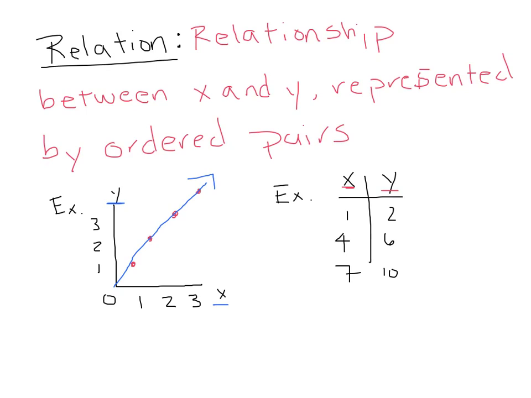We could pull ordered pairs out of this. If our first one was 1, 2, our ordered pair would be 1, 2. Our ordered pair for the next set would be 4, 6. For the next set, 7, 10. So all of those things are ordered pairs, right? And they're represented by the relationship happening between x and y. That is what a relation is.